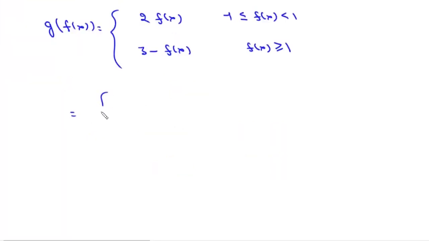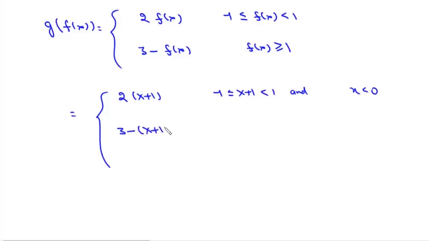So now we write this as 2 times (x plus 1) when x plus 1 lies between -1 and 1, and the condition with that definition is x is less than 0. And here will be 3 minus (x plus 1) when x plus 1 is greater than or equal to 1, and here the condition is x is less than 0.